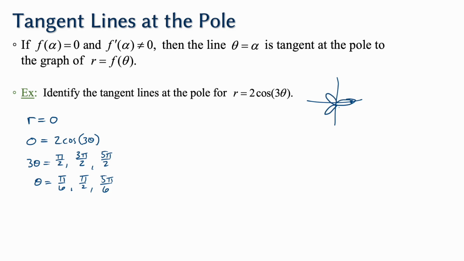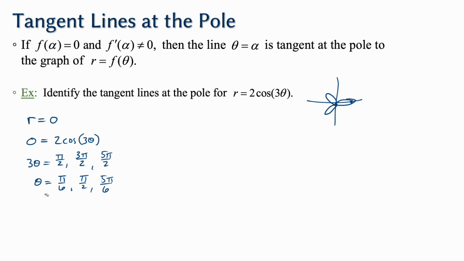I don't know if that's what it looks like necessarily. But because there's 3 petals and I start on the outside, at my max r value, I'm going to pass through the pole 3 times as we sketch this, which means I know there's only 3 places this is going to happen. Obviously I could keep going with many different angles, but that's why I know I'm stopping at 3. This is a rose curve with 3 petals, I'm starting on the outside because it's cosine, so I pass through the pole 3 times. So I know there's 3.